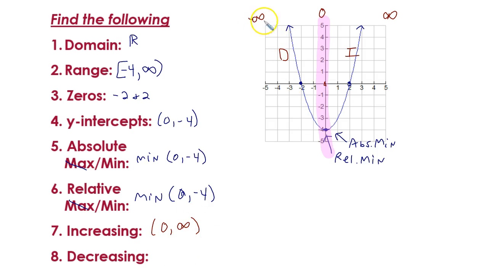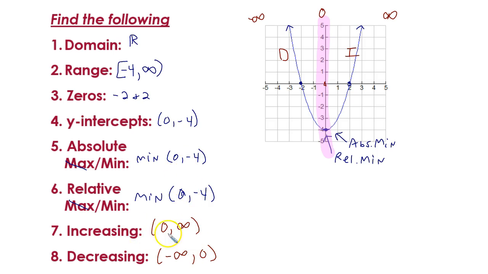And I'm decreasing from negative infinity to 0. Okay. And I can see where all of these representations of answers might get confusing, and you just have to get used to the fact that we use parentheses to represent intervals, but we also use parentheses to represent coordinates, and you need to know what you're looking for. Are you describing a coordinate or are you describing an interval?